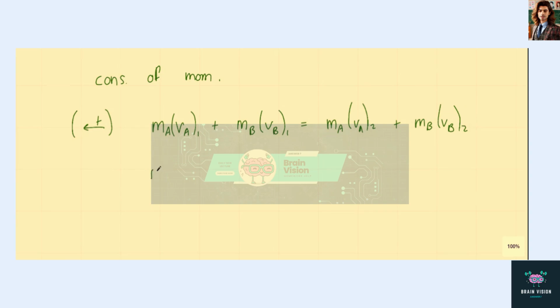So that's 15 times the initial velocity of block A, which is 8.7439. That's the initial momentum of block A just before the collision, plus 0, since block B is at rest, so it has no velocity. And this is equal to 15 times VA2 plus 10, the mass of block B, times VB2.